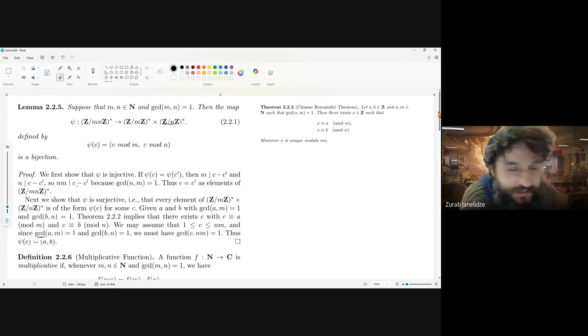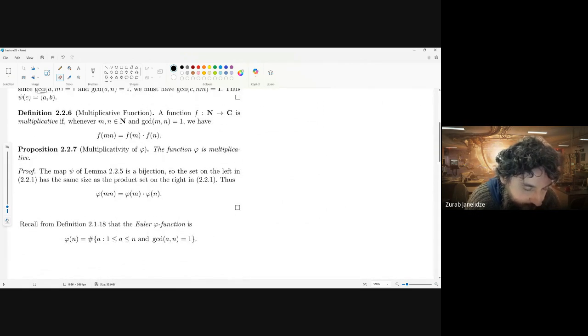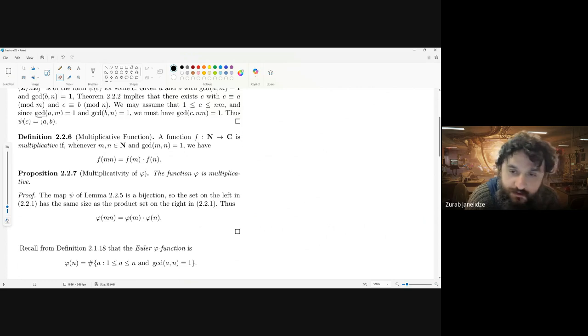There is a remarkable application that lemma 2.2.5 has. To discuss that application, first we need to introduce this preliminary concept, the concept of a multiplicative function.